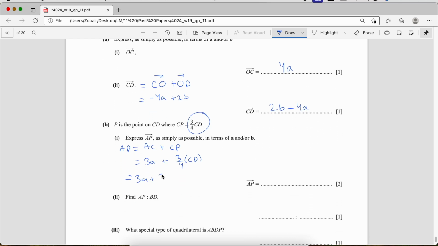So 3a plus 3 by 4 of (2b minus 4a). Now we need to simplify. That's 3a already, plus 3 by 4 times 2b, or 3 by 2 b, and minus 3a. So this is 3 by 2 of b.